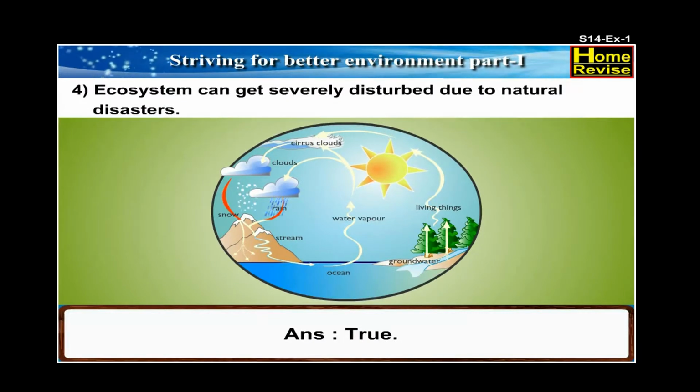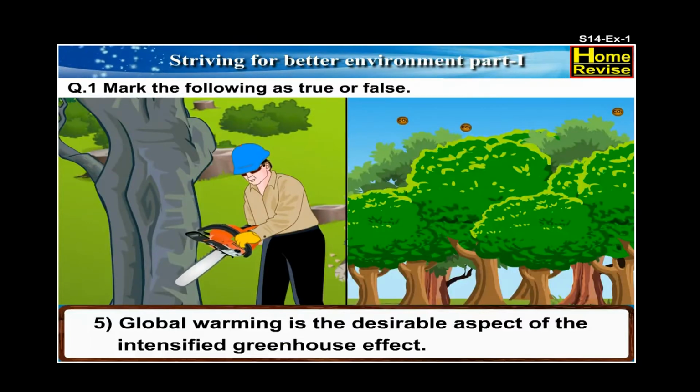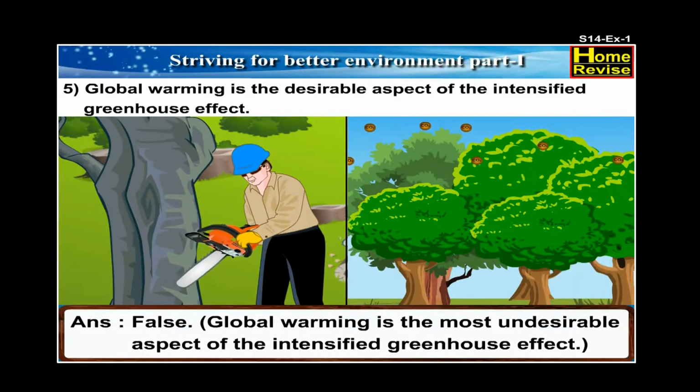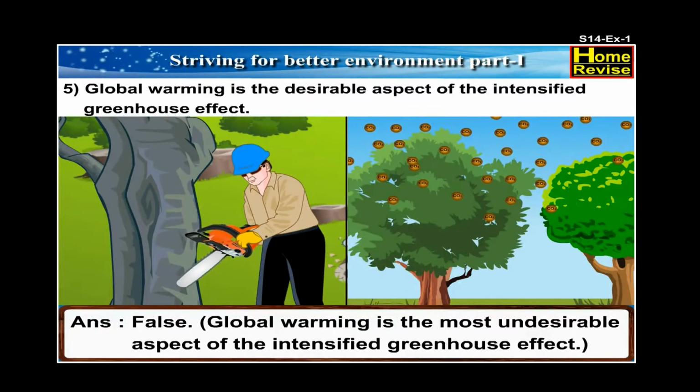The answer is true. 5. Global warming is the desirable aspect of the intensified greenhouse effect. The answer is false. Global warming is the most undesirable aspect of the intensified greenhouse effect.